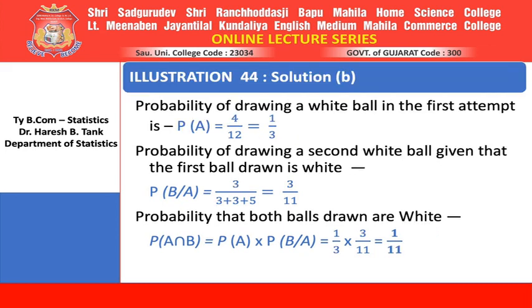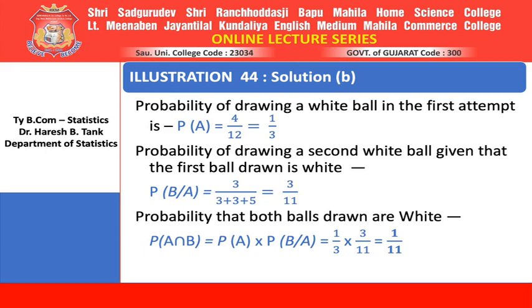Probability of drawing a white ball in the first attempt, that is probability of A is 4 upon 12 because number of white balls in the bag are 4. Total number of balls are 12. So it becomes 4 upon 12, which is 1 upon 3. Probability of drawing a second white ball given that the first ball drawn is white.